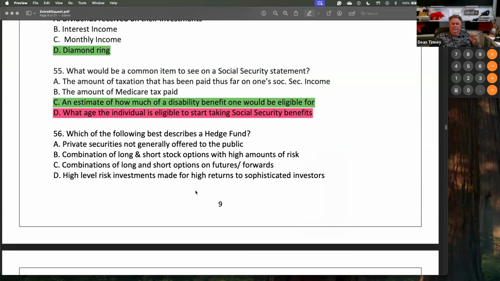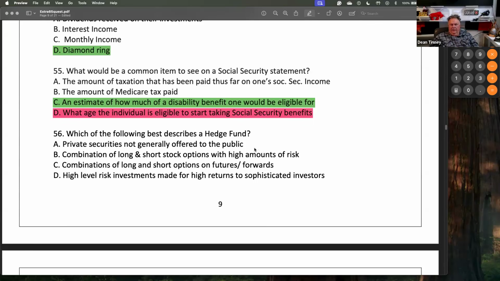Which line best describes a hedge fund? Is it B? It is A. Hedge funds are offered as private placements.